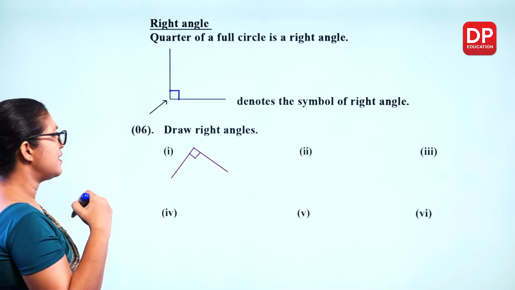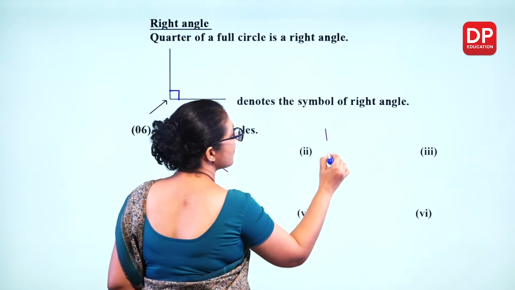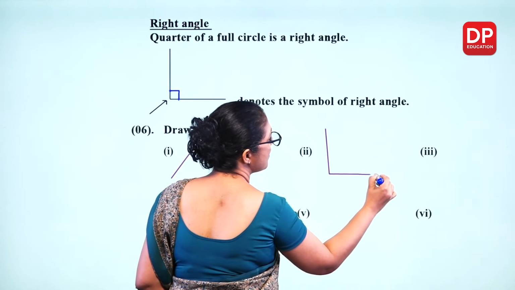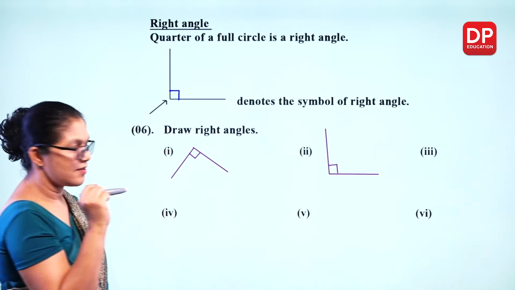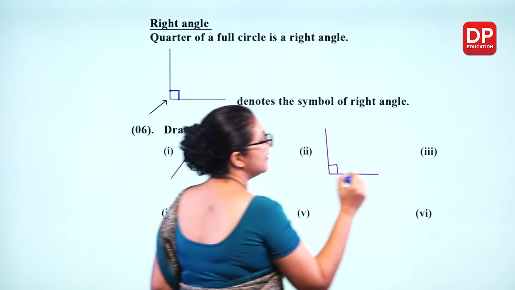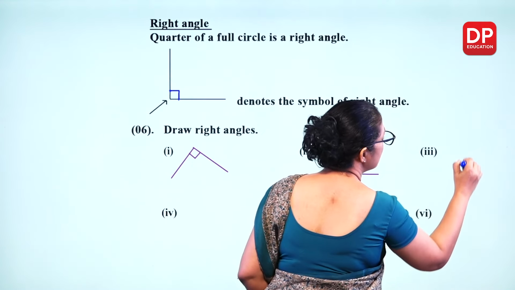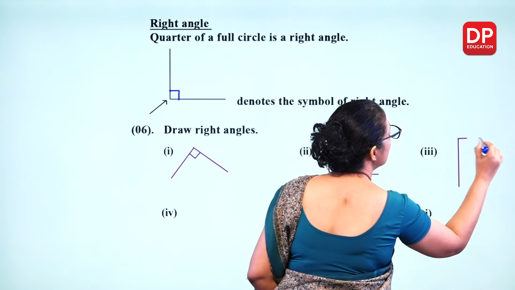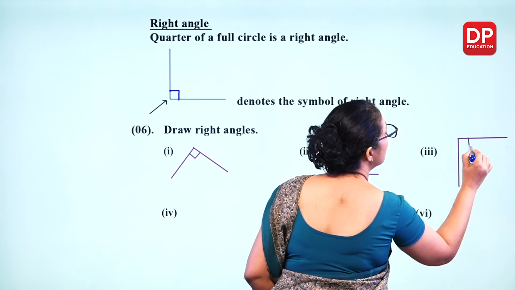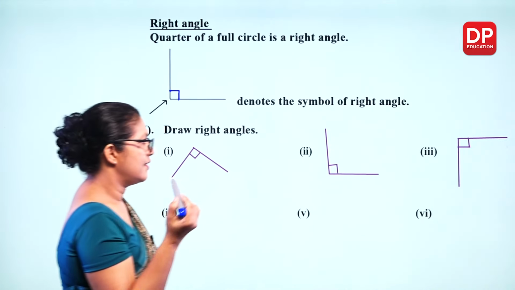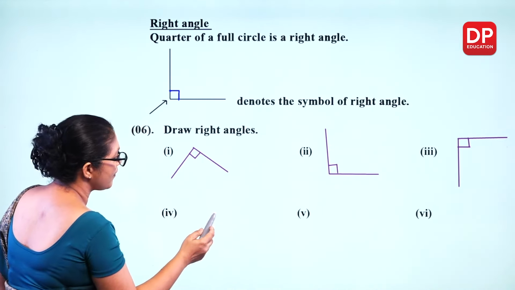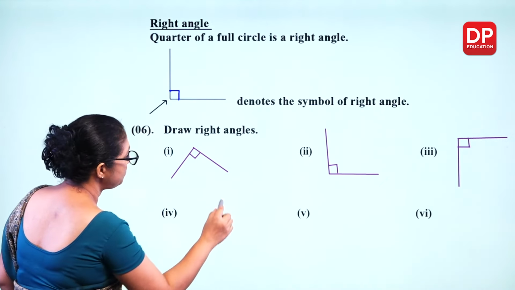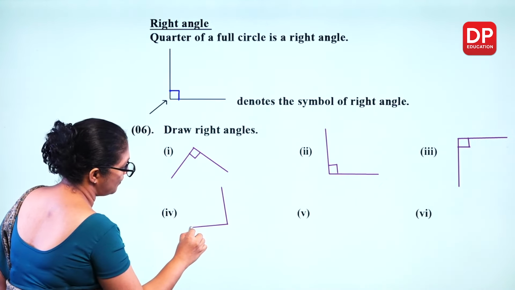Right angle, 90 degrees. Something like this. That's also a right angle. And here, that's 90 degrees, a right angle. What else? What about this way?